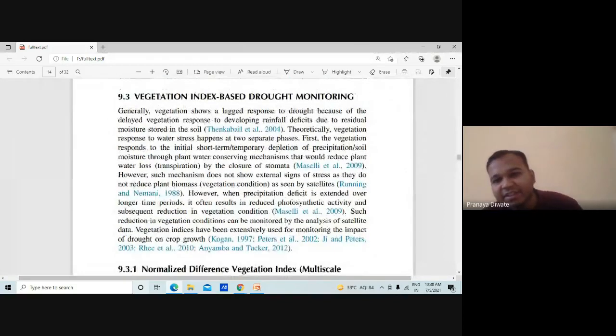Then you have vegetation indexes, which are based on drought monitoring.